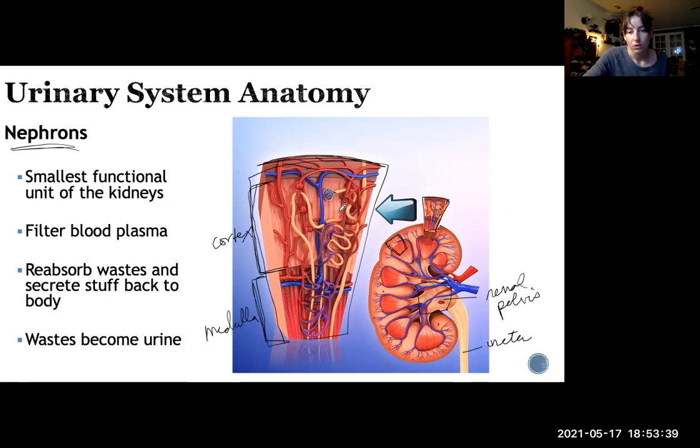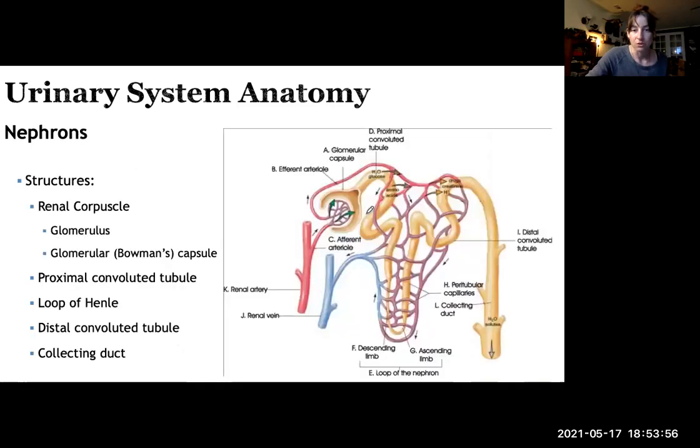So focus now on this yellow tube that is traveling all up and down the cortex and the medulla here, okay? I'm going to switch to the next slide where we're going to basically isolate that by itself, okay? So here is what that tube looks like by itself and with some of its blood vessels, okay?